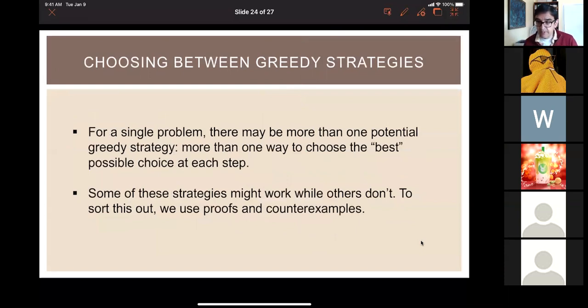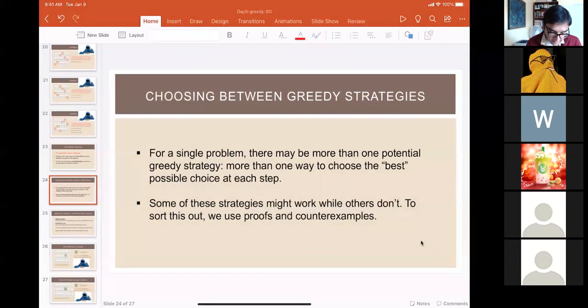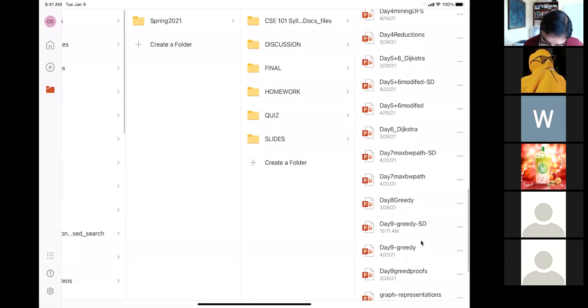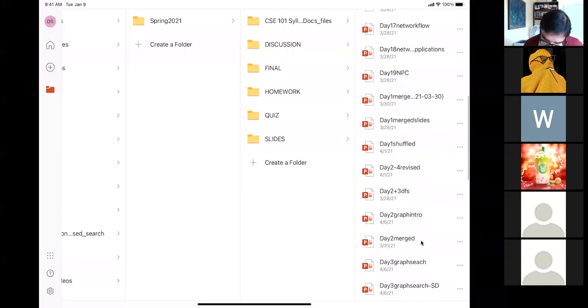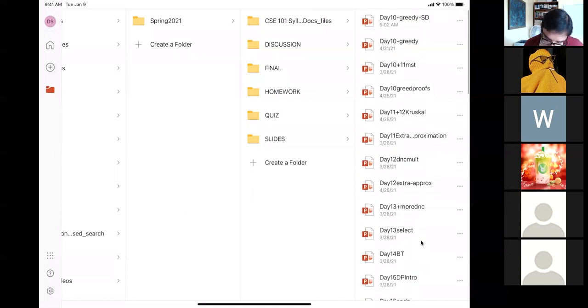Does the greedy algorithm take less time sometimes? Yeah, so one of the motivations for looking for greedy solutions is that very often they're very efficient. Okay, so let's move to the next bunch of slides.